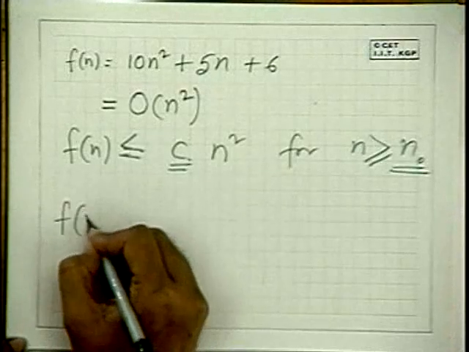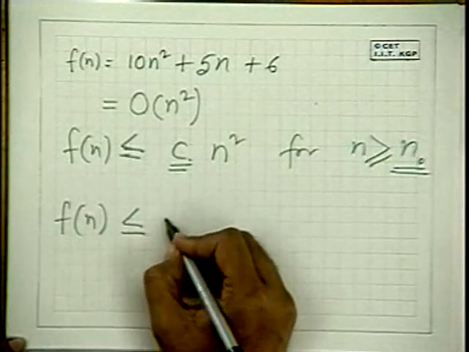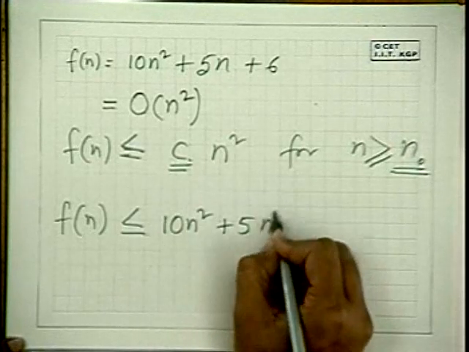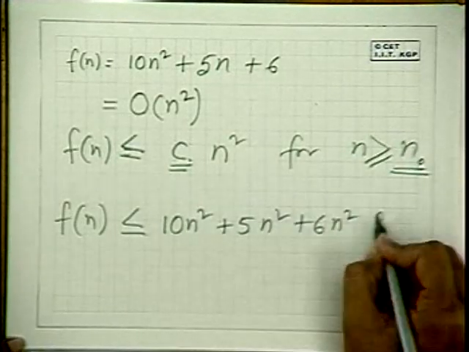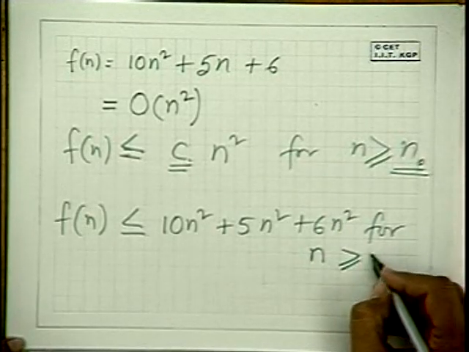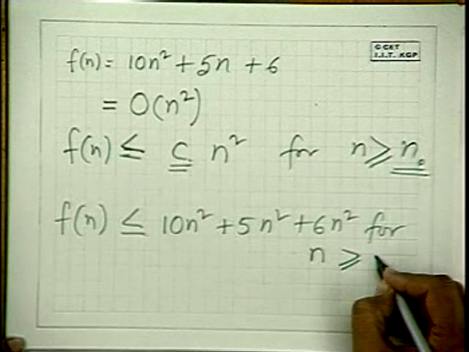I have to find out a constant, not the best constant here. Okay, probably this is not the best constant, but I have to find out a constant. Okay, so I can always say Fn is less than equal to 10n square plus 5n square plus 6n square for n greater than equal to, even 1 is fine, right?